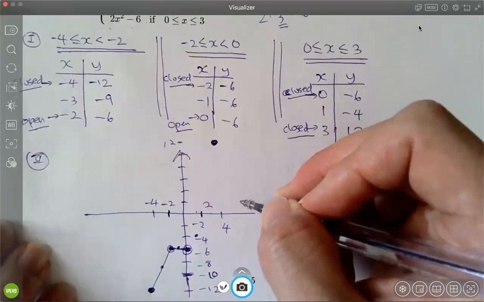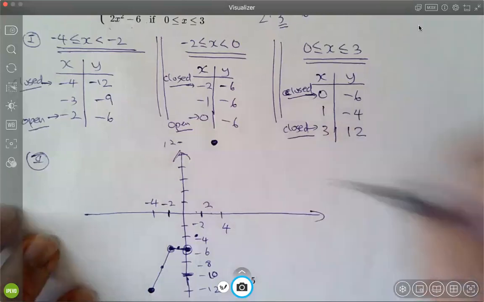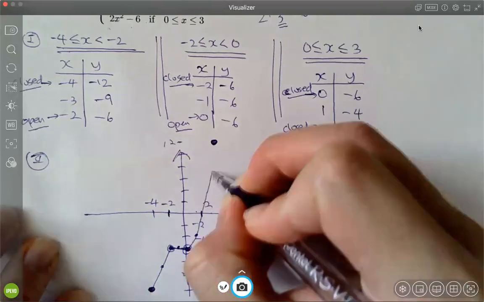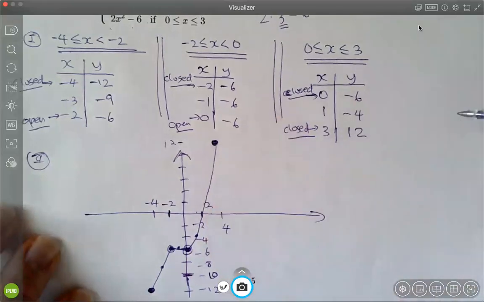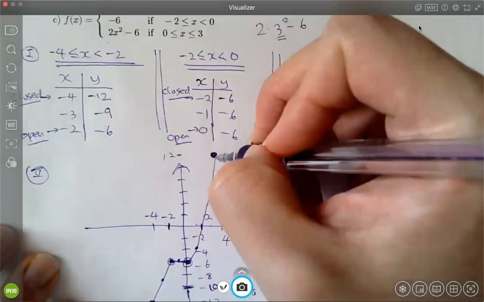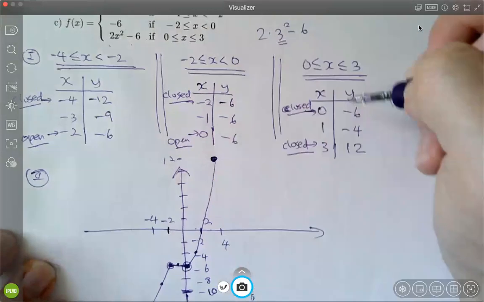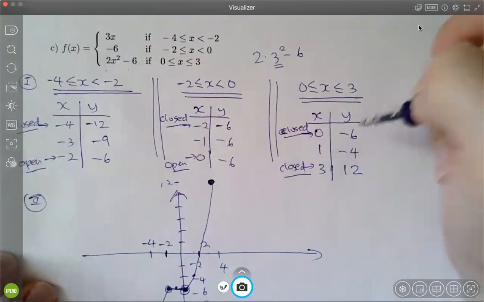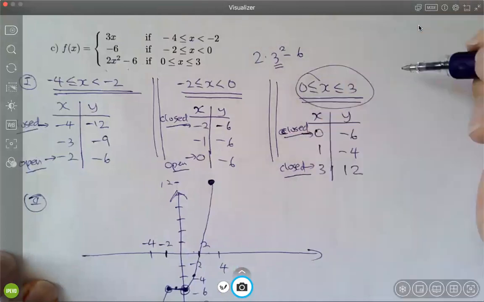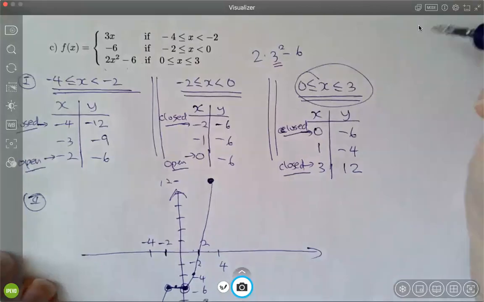Curvy? Okay. So it looks like this, right? Still looks kind of a line, but it's not a line, right? And now, do we extend our curve after this 3, 12? No, right? We don't, because x has to lie in between 0 and 3.